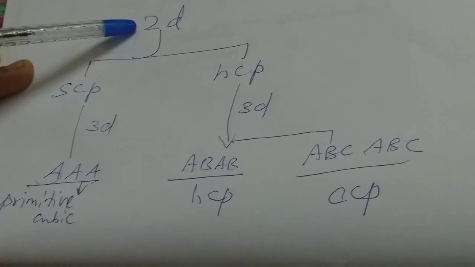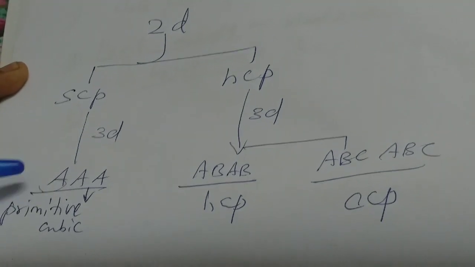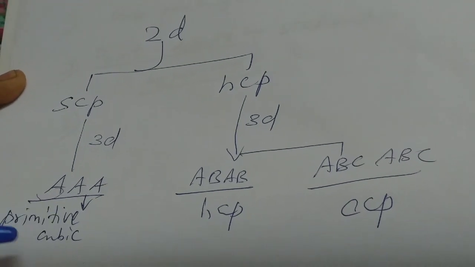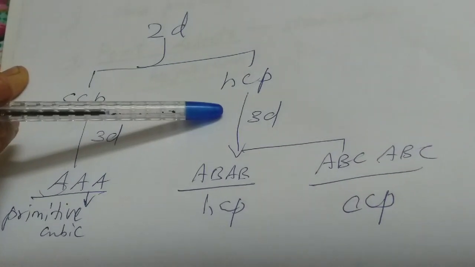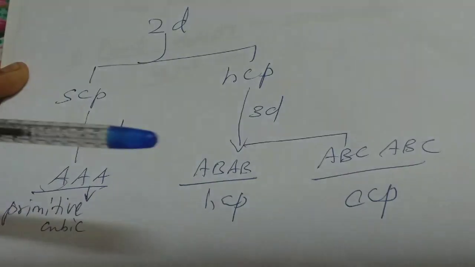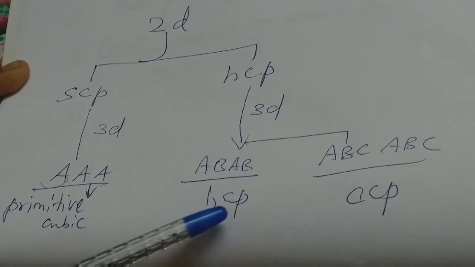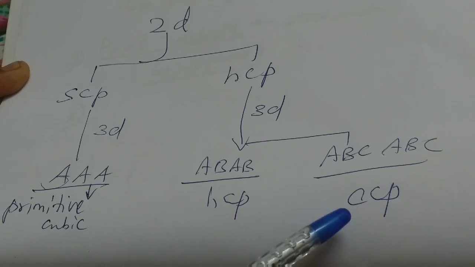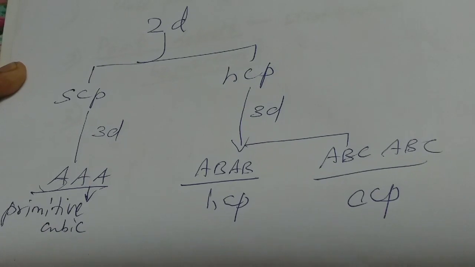Square close packing in two dimension, again arranged in a three-dimensional way, forms AA type, that is primitive cubic system. And hexagonal close packing 2D gives the 3D alignment, two possibilities. One is HCP, another is CCP. HCP means hexagonal close packing. CCP means cubic close packing. This is AB type. This is ABC type.